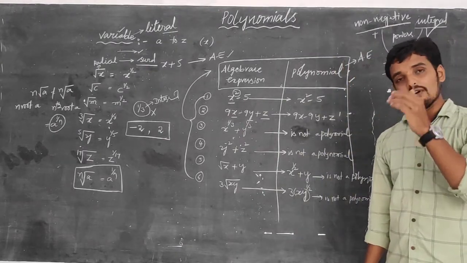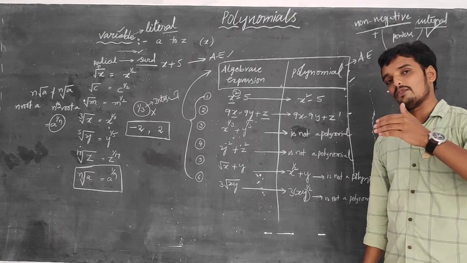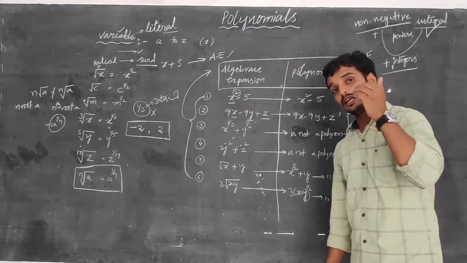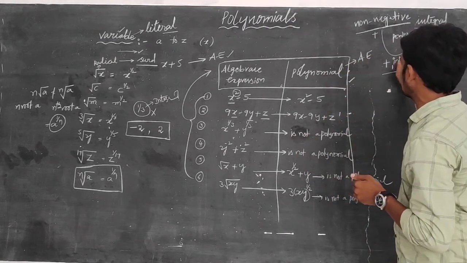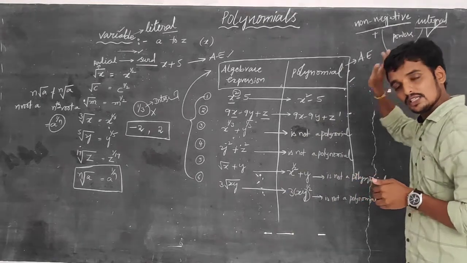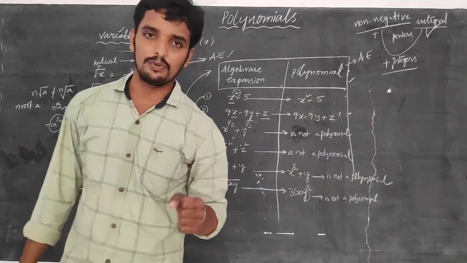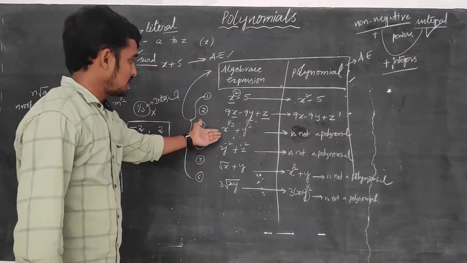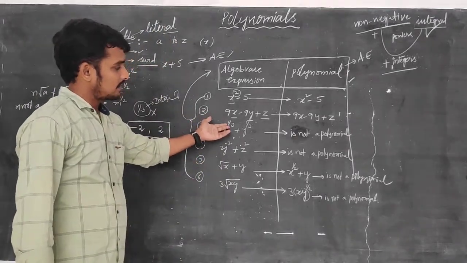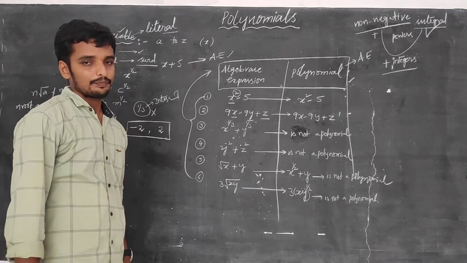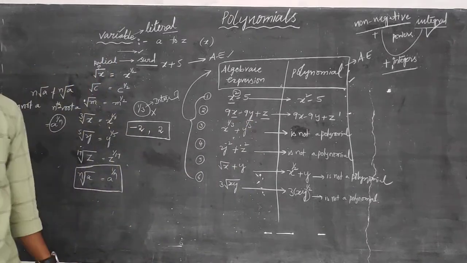If the exponent of a variable is a non-negative integer, simply put, a positive integer, then it is a polynomial. If it has a negative exponent or a fractional exponent, then it is not a polynomial. Okay, my dear students, write notes easily.